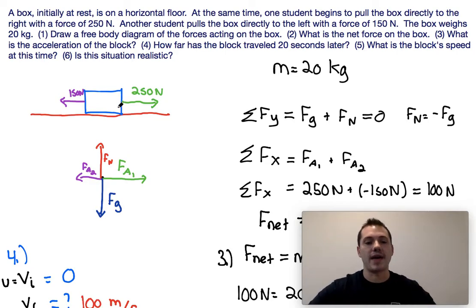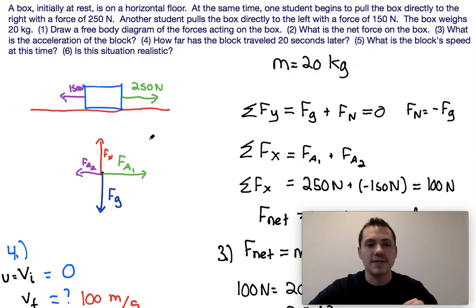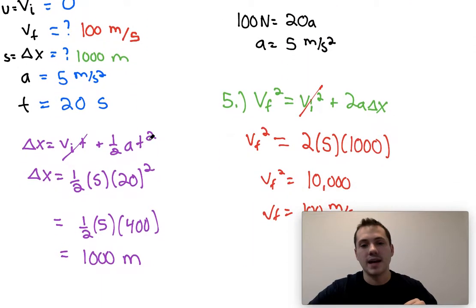Okay, so we have that. And then when we get to the final two answers here, we can see that the student has traveled 1,000 meters. All right, so of course someone can travel 1,000 meters, but can they travel 1,000 meters in 20 seconds? So imagine trying to run the length of 10 football fields in 20 seconds.